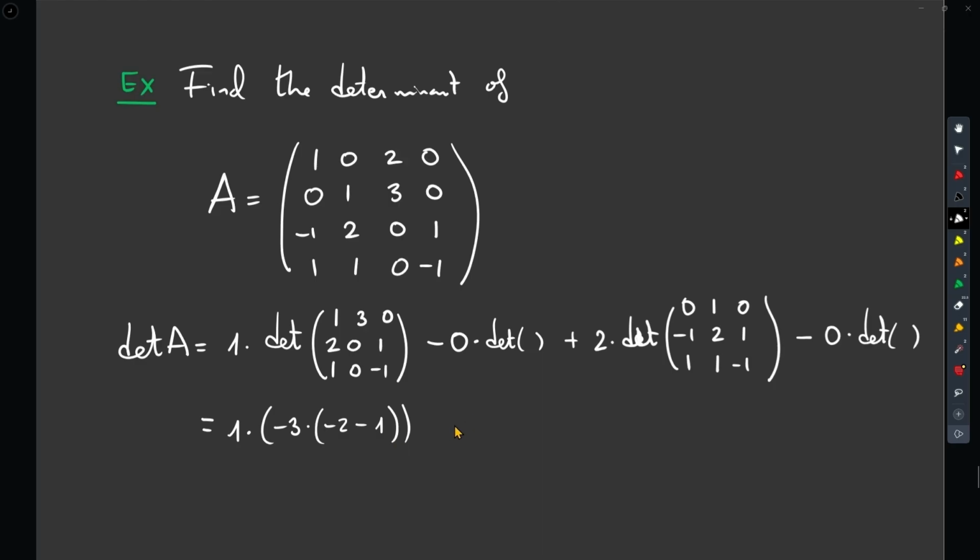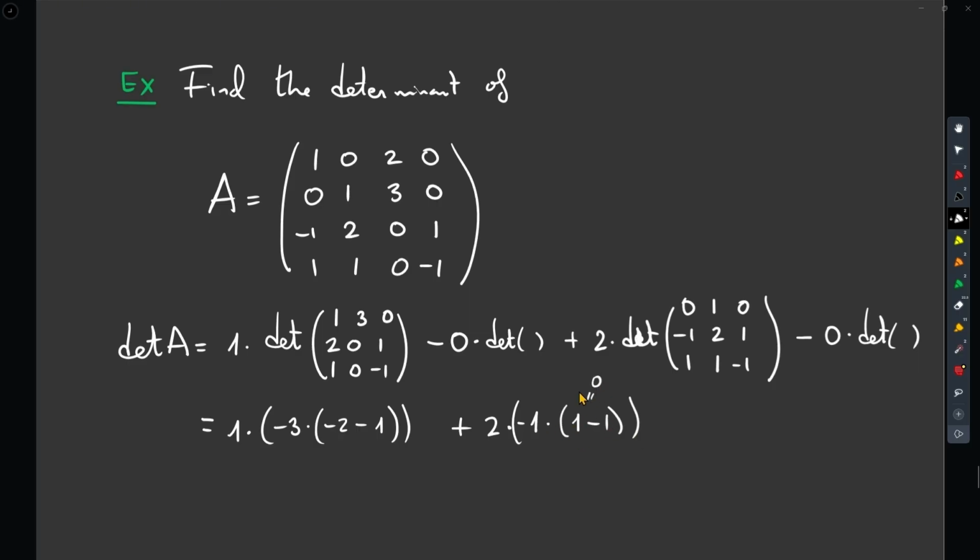So this determinant is that, and then plus 2 times this determinant, which if I expand again by the first row will be 1 times the determinant of this matrix that I get there. By the way, it's minus 1 times minus 1 times minus 1, which is 1, minus 1, which is 0.